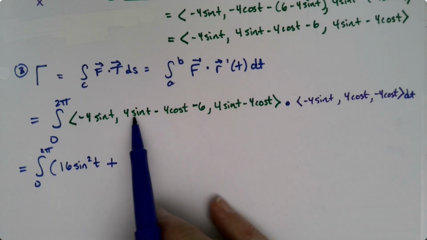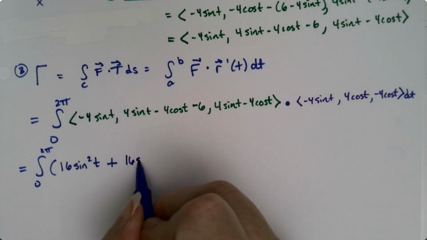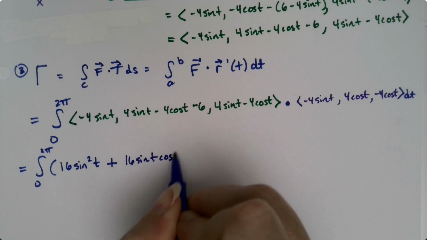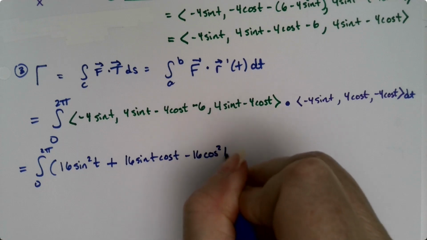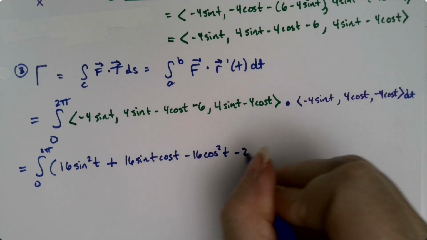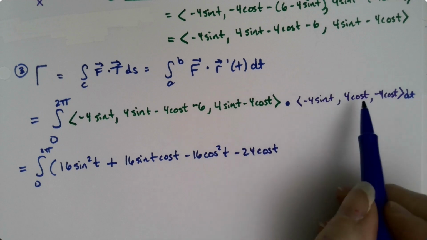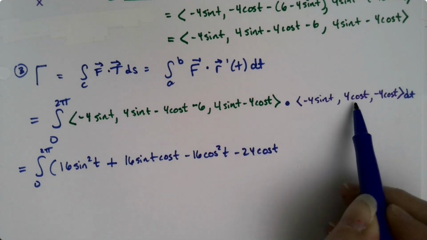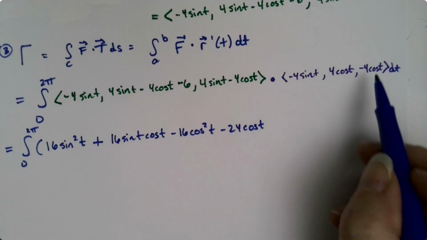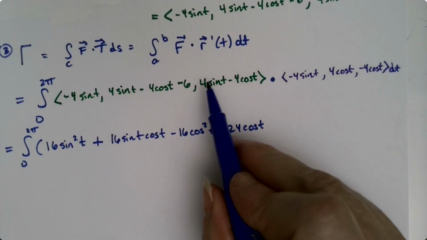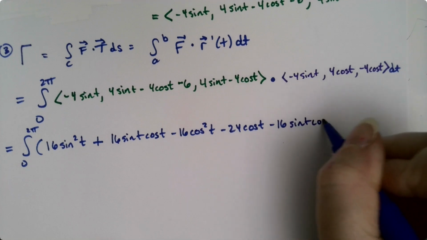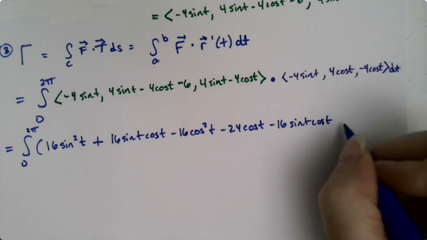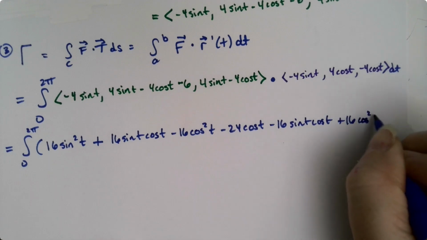So 4 times 4 makes 16 sine t cosine t minus 16 cosine squared t minus 24 cosine of t. I'm multiplying each term in here times 4 cosine t. And then I'm going to do it again over here. Minus 16 sine t cosine t. And then plus 16 cosine squared t dt.